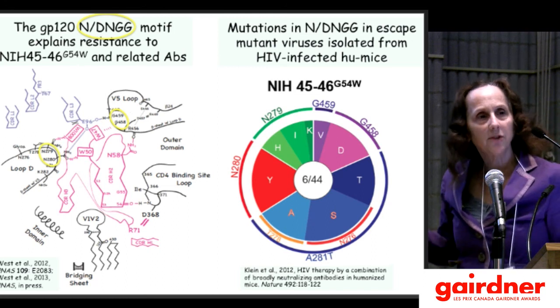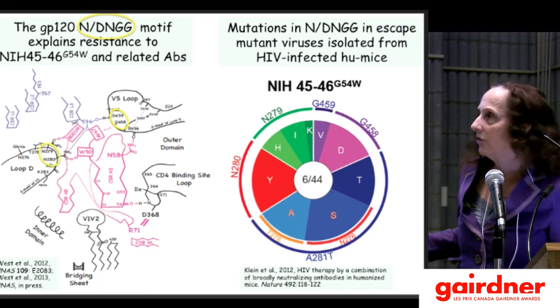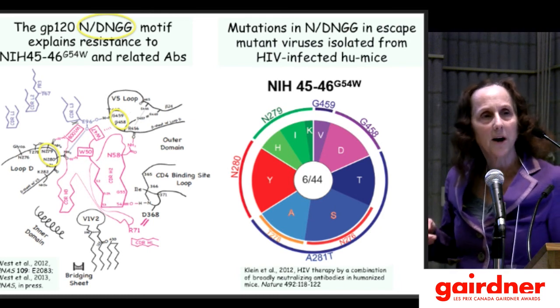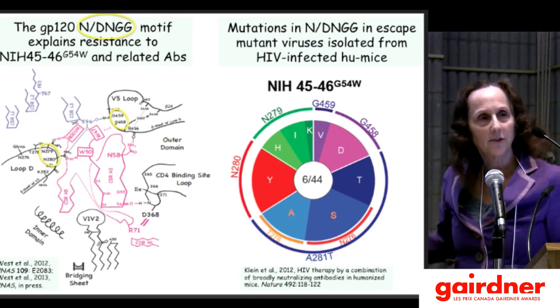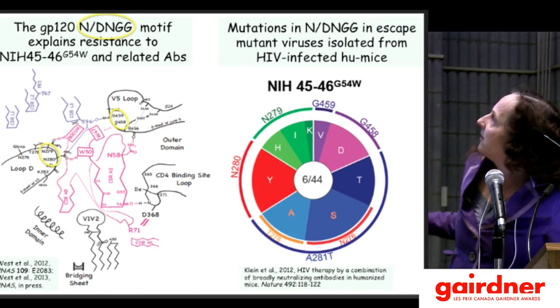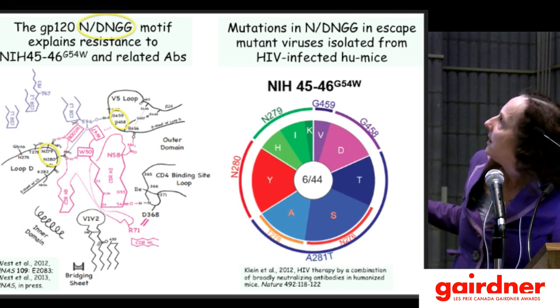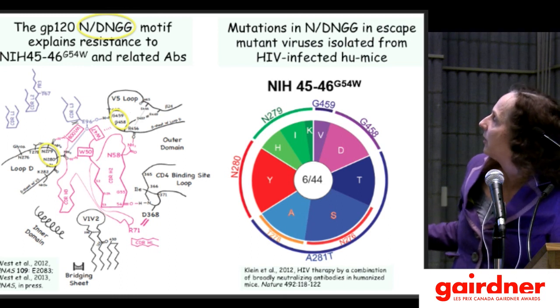So they have human T cells, they can be infected with HIV, and then he looked at the mutations that come in response to the presence of that antibody. So he takes out the viruses that are able to grow in the presence of that antibody, and he looks at where they're mutated, and the viruses, sure enough, were mutated at N, G, or G. I'll come back to this mutation again.